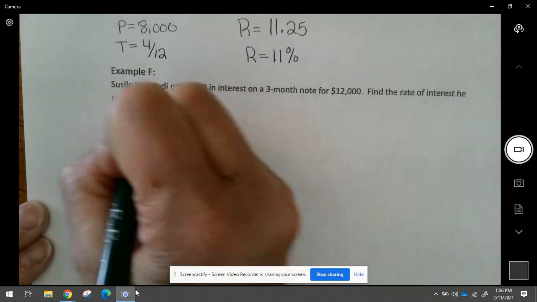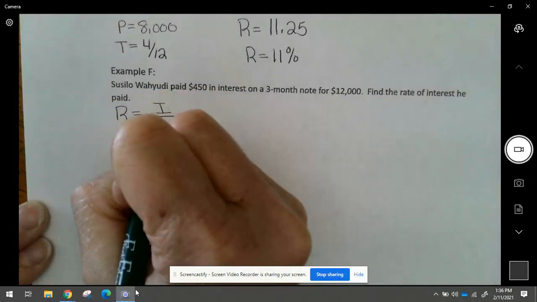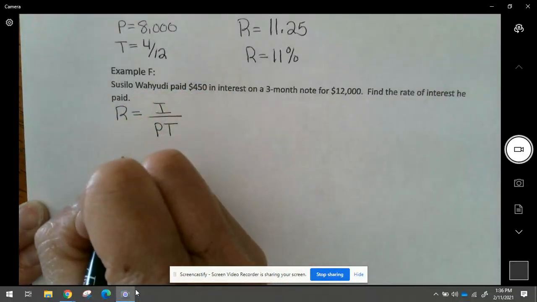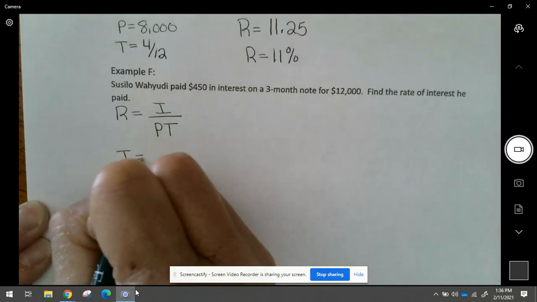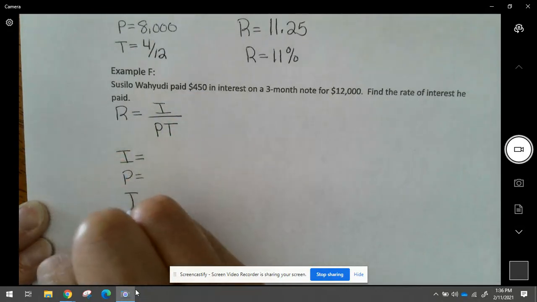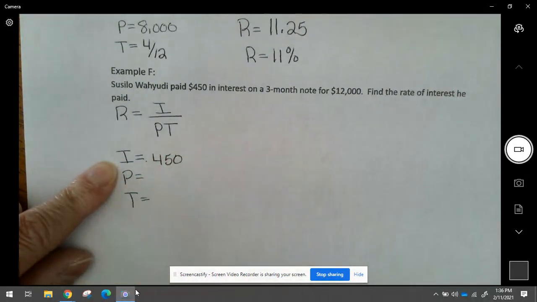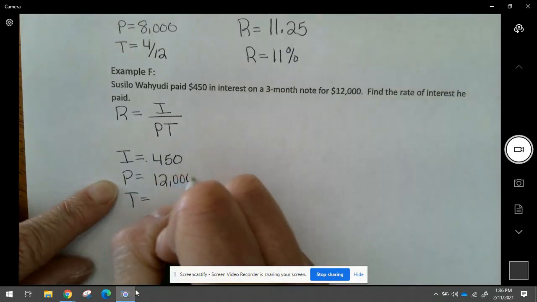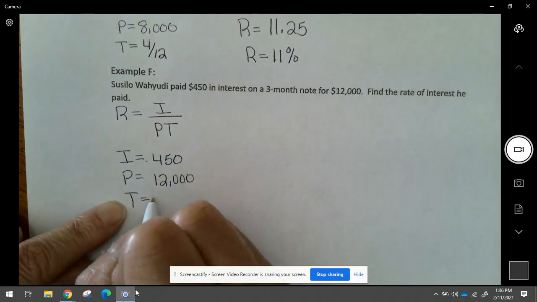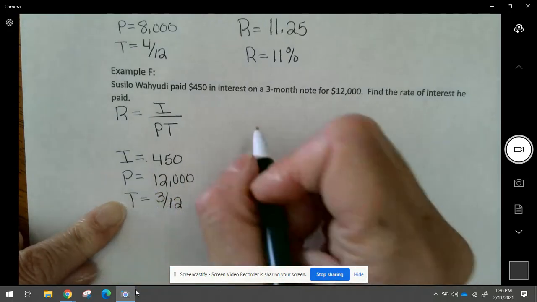Okay, so rate of interest, we don't know it. We're going to write down our formula. I equals PRT, or R equals I divided by P times T. Write down these knowns. We know the interest he's going to pay is $450. The principal is $12,000, and it's for a time period of 3 out of 12 months.